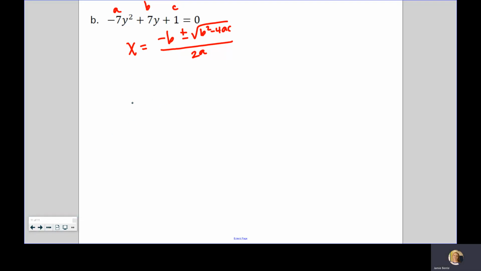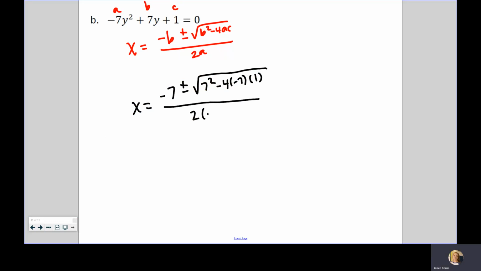So x is equal to negative b, that would be negative 7, plus or minus the square root of b squared, so that's 7 squared, minus 4 times a times c, so times negative 7 times 1, all over 2 times a, so that's 2 times negative 7. Simplify the radicand first. 7 squared is 49.